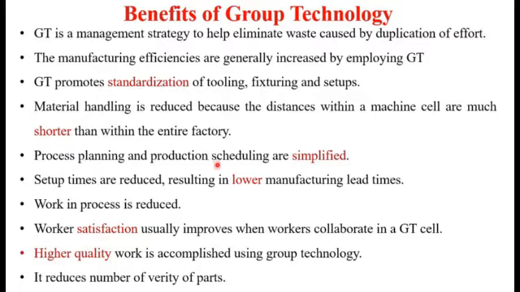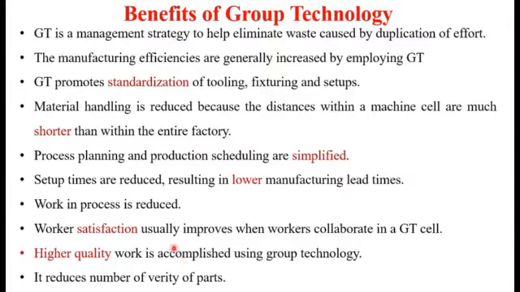Process planning and production scheduling are also simplified with the help of GT. Setup times are reduced, resulting in lower manufacturing lead times. Because of this improved efficiency, the time required for manufacturing can be reduced. Work in process is reduced.